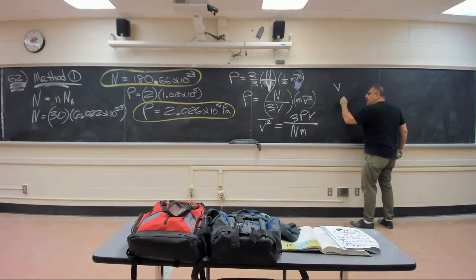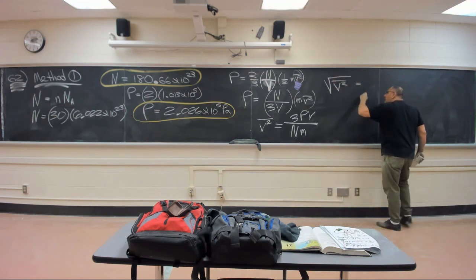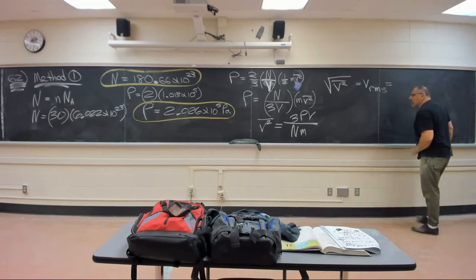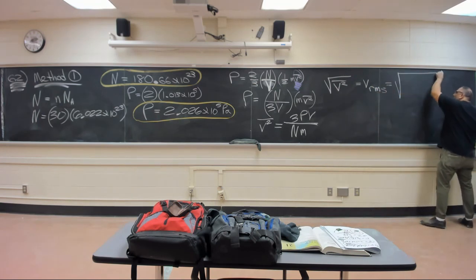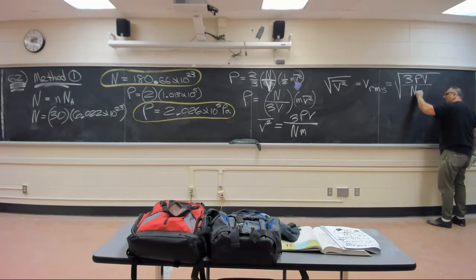If you got this here, and you take the square root of it, that's VRMS. That's the square root of all this. Now, look. This is the mass of one carbon dioxide molecule, CO2.